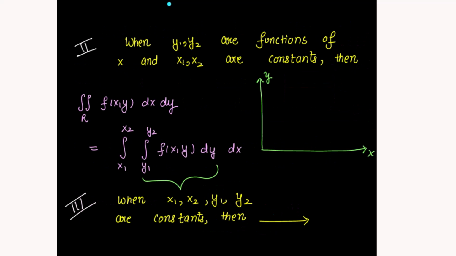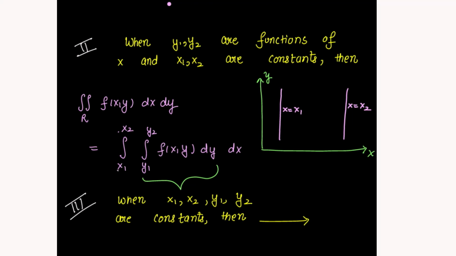Next, when y1, y2 are functions of x and x1, x2 are constants. Now here x1, x2 are constants, which means this is your straight line and this is your straight line. This is x equal to x2 and this is x equal to x1. Now x1, x2 are constants, so write x1, x2 limits on the outside of the integral, right?